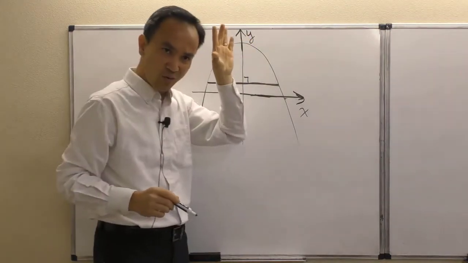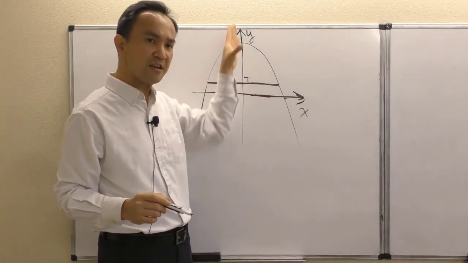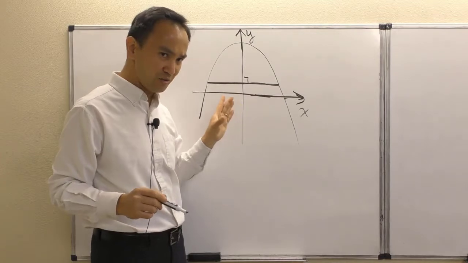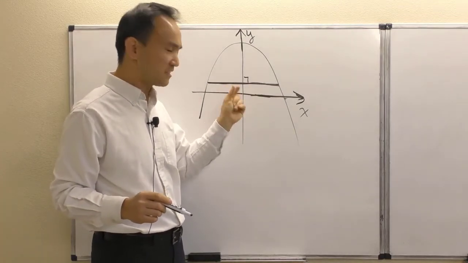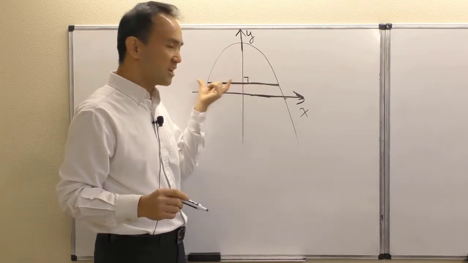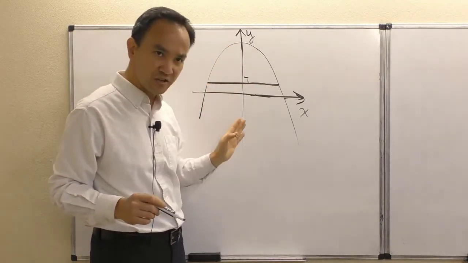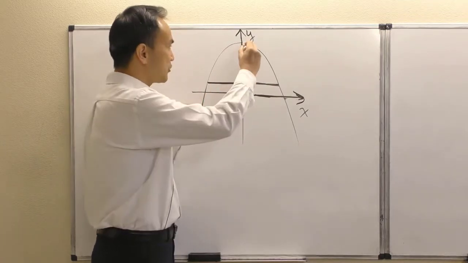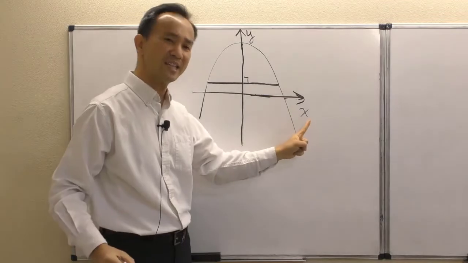In my experience of teaching, among the axes there's always a major axis where we can measure the thickness and formulate the stripe's length and the area of the cross section based on the major axis. So the major axis is indeed the y-axis right here instead of the x-axis.